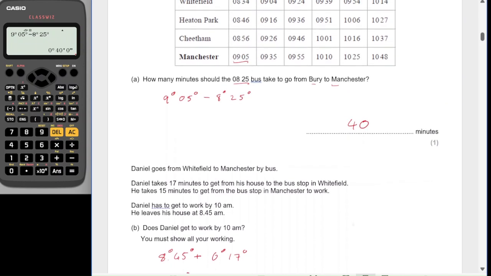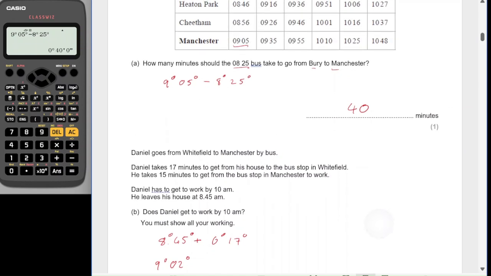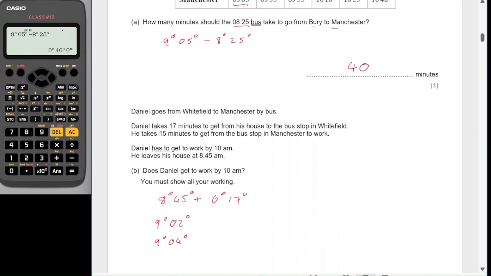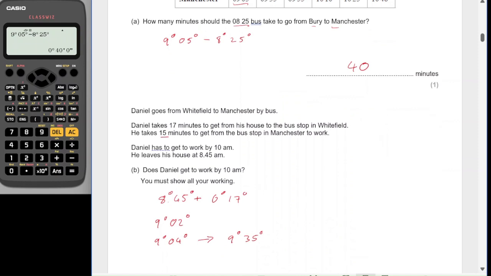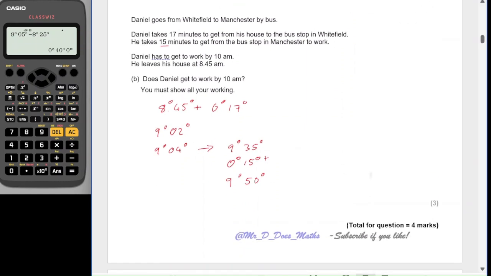From there, the bus that he can catch is going to be the 9:04 bus, which will get to Manchester at 9:35. Just double checking I've read that right. 9:35, yep. And then it takes him 15 minutes to get from the bus stop to work. So I want to add on 0 hours and 15 minutes, which will take me to 9 hours and 50 minutes. So yes, he will be 10 minutes early.